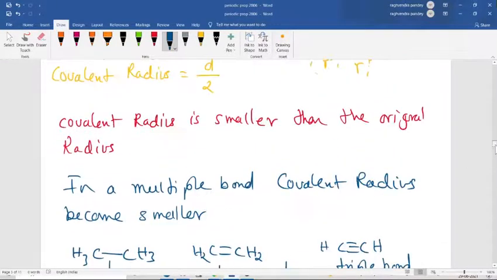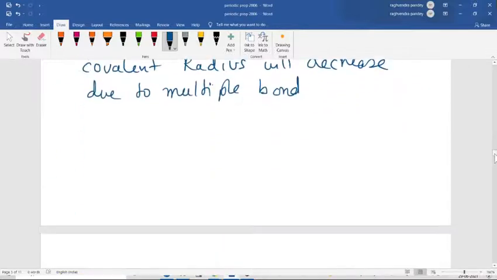In a double bond there are two bonds. Suppose there is one rope and two stones pulled by one rope. Then two stones pulled by two ropes are coming closer. If there are two ropes, they will be closer.